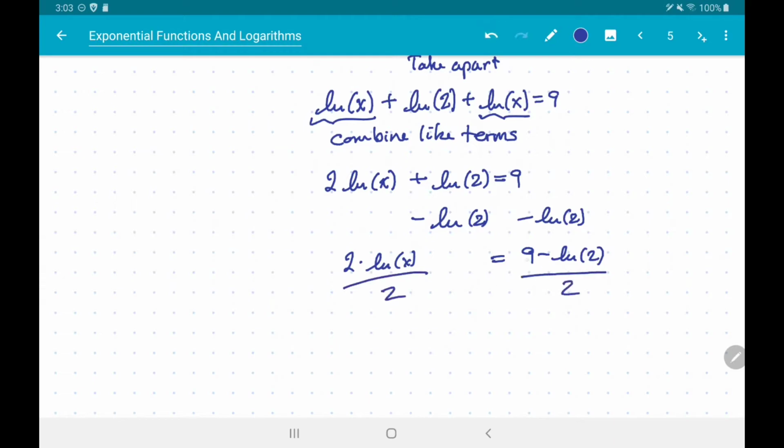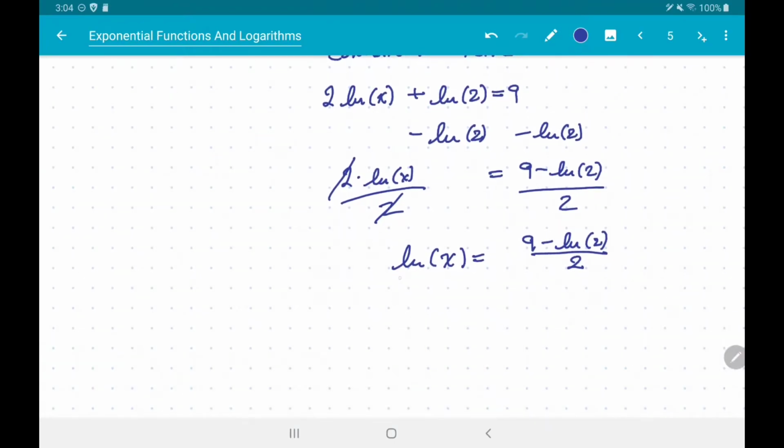Be careful that you divide the entire left-hand side by that 2. That leaves us with ln of x equals 9 minus ln of 2, all divided by 2. Now I need to get rid of the ln layer, so I will apply the natural exponential function.